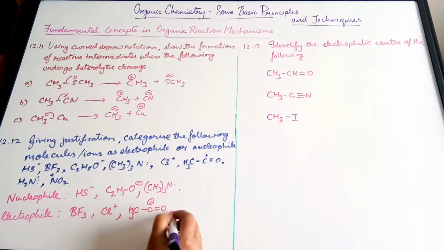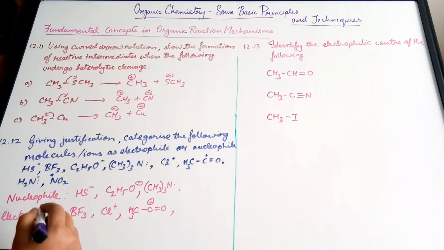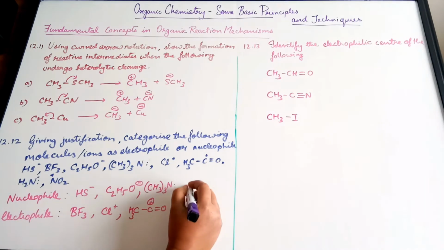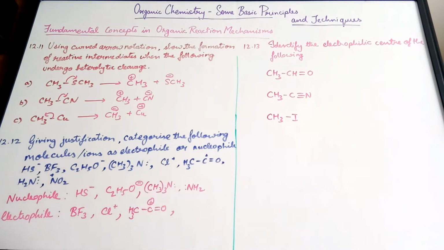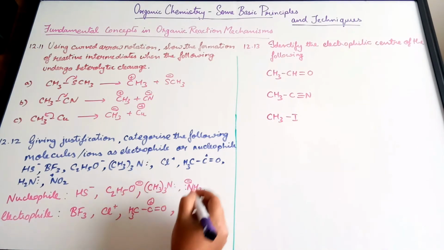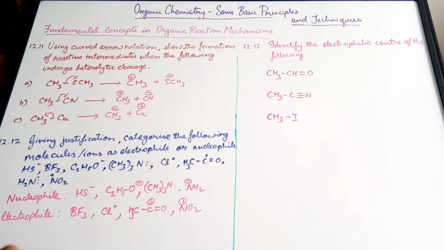Next you have NH2 minus, which is a nucleophile because of the lone pair of electrons. And then you have NO2 plus, which is an electrophile because it's electron deficient.